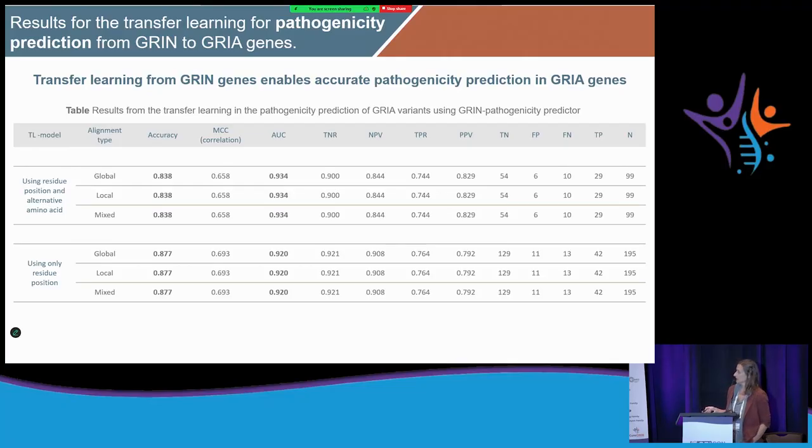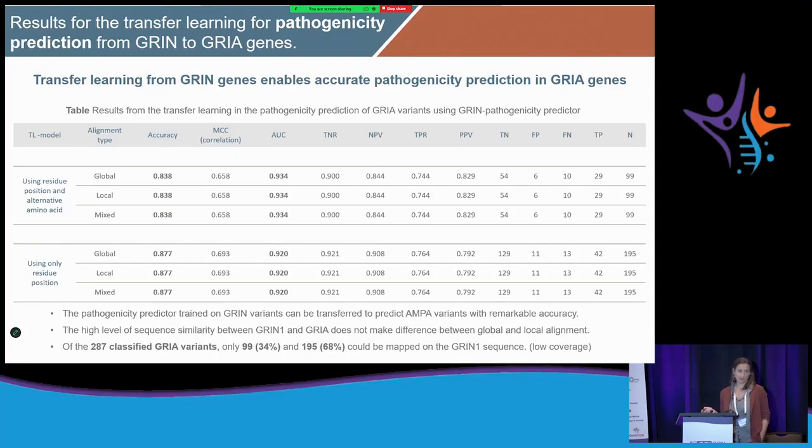The alignment type doesn't change the results, and we have these two blocks in which this transfer learning performs remarkably well, given that there's no other information. It's incredible that it performs very well even in the one in which the alternative amino acid is not taken into account.